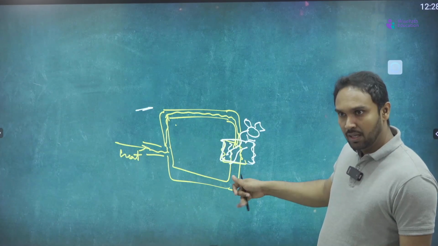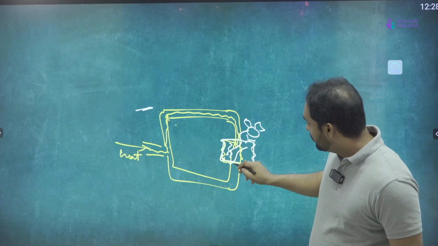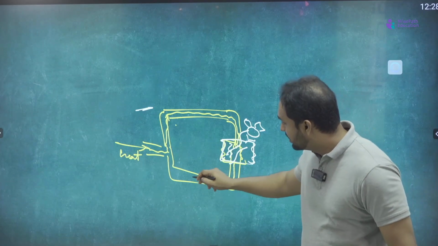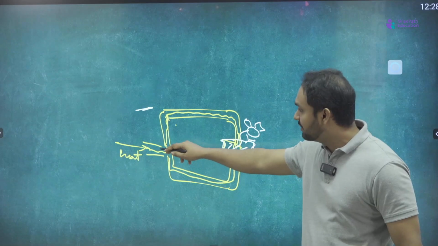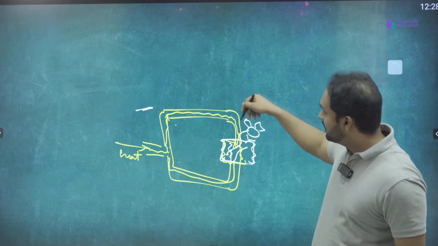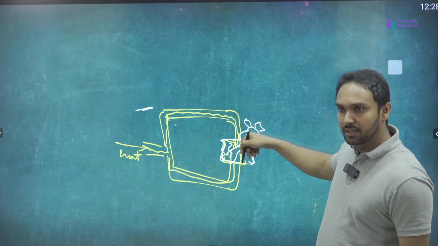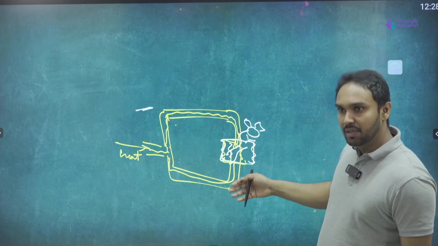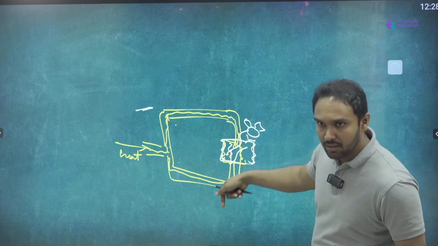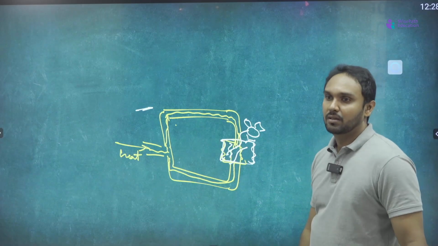Get it? And again the cooled coolant goes back to the engine, takes the heat from the engine, and flows to the radiator again, and in the radiator heat emission is happening, so the heat is removed and the coolant comes back to the engine.